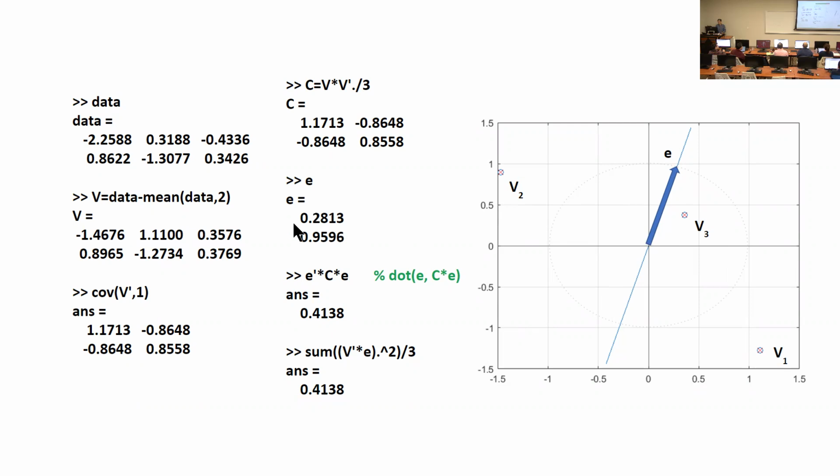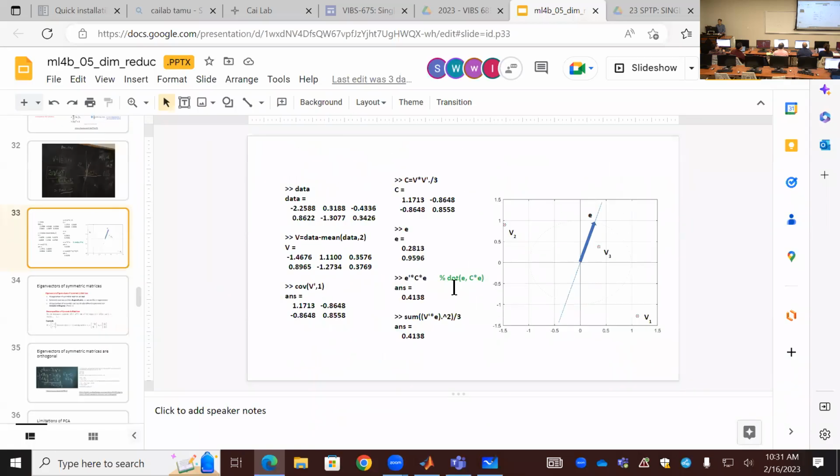So this E is the new x-axis I want to use. It's a random vector to show you. You can project your old data points onto this new vector to get their new x-axis value.